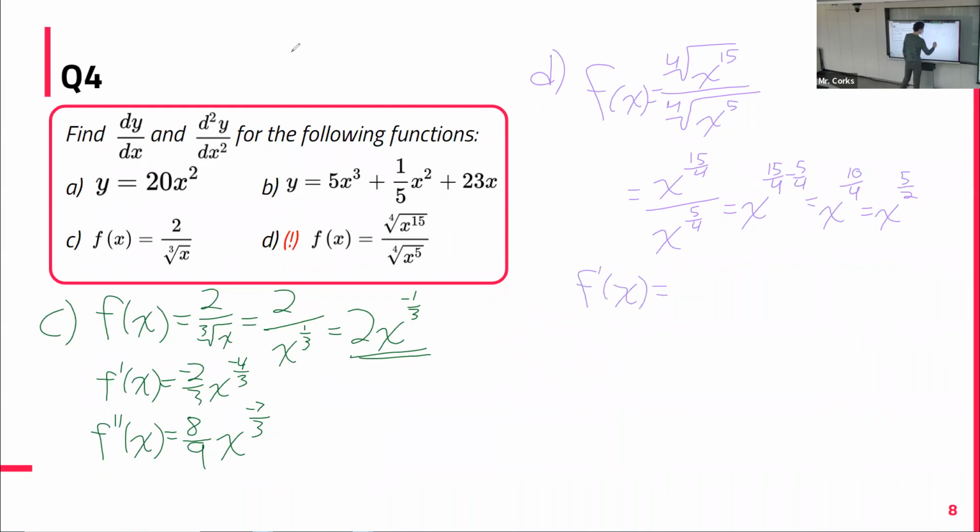So we can do our derivatives from this point. So first derivative, 5 over 2, x to the exponent 3 over 2. And our second derivative, 15 over 4, x to the exponent 1 over 2. This last one here, if we wanted, we could rewrite as square root of x.